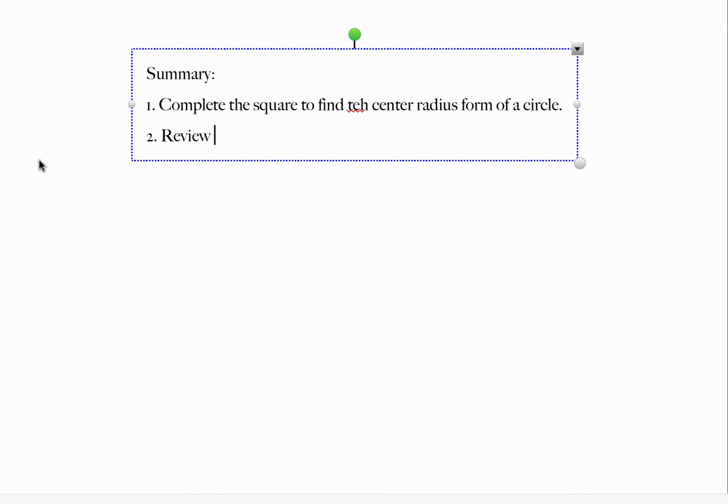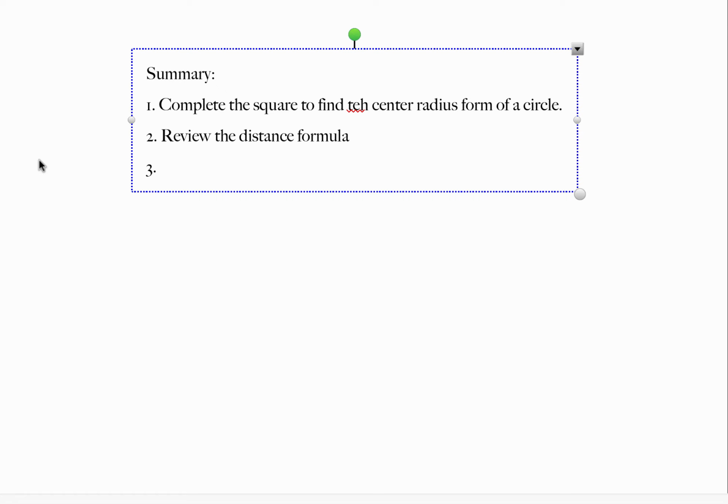We wanted you to review the distance formula. And we wanted to introduce the ways two circles can touch or not touch.